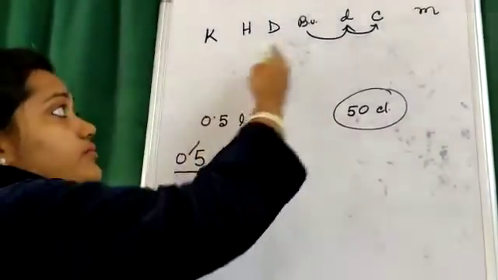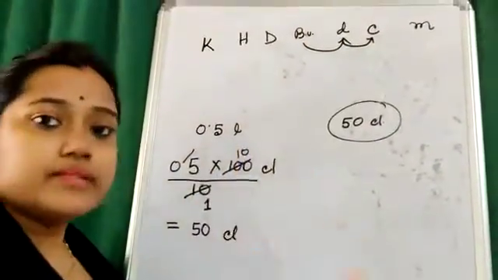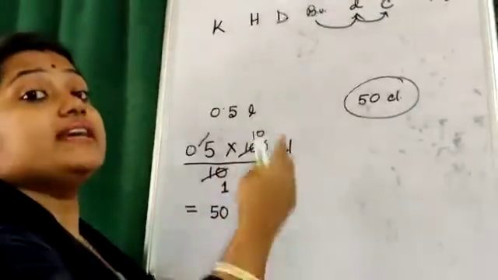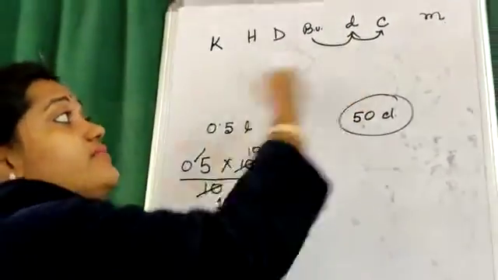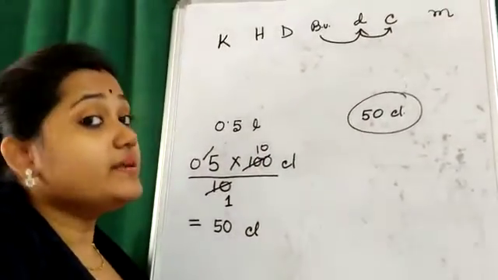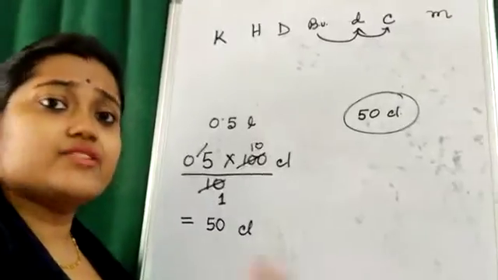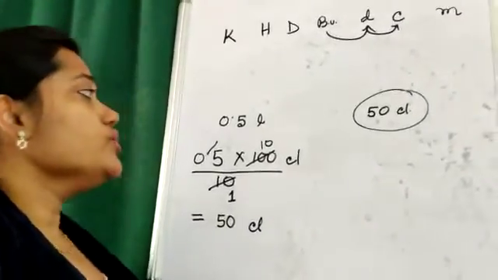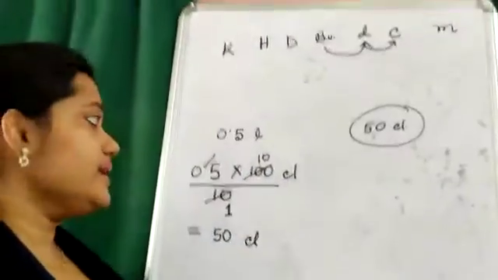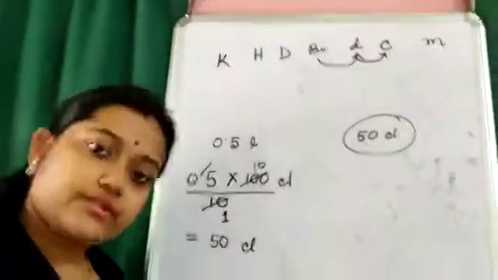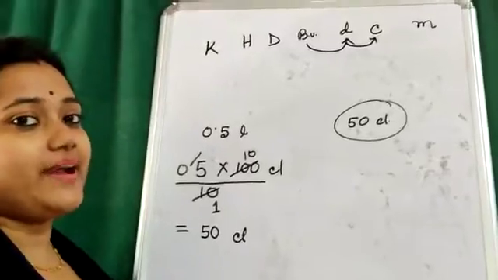If higher to lower unit, then multiply by power of 10. Or if lower to higher unit, then we can divide it by power of 10. Okay, so that is the simple concept as we have learnt in previous video. So by using that concept, you need to make the units as same unit. Okay, then compare the amount.